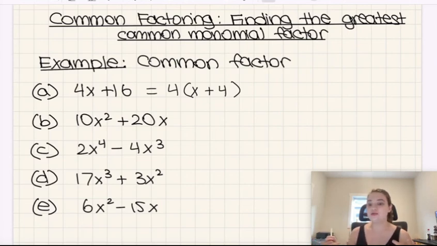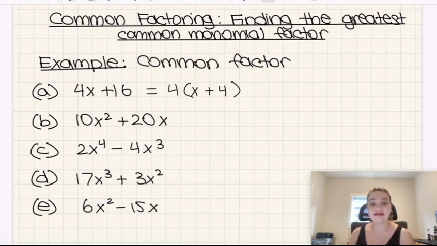Because essentially what we're doing when we're factoring is just changing the format of 4x plus 16, or whatever it is we're factoring. We're not actually changing the values, right? We're not changing the meaning in that sense. We're just manipulating this equation to change the way it presents itself. We're presenting it now in a factored way instead of an expanded way.